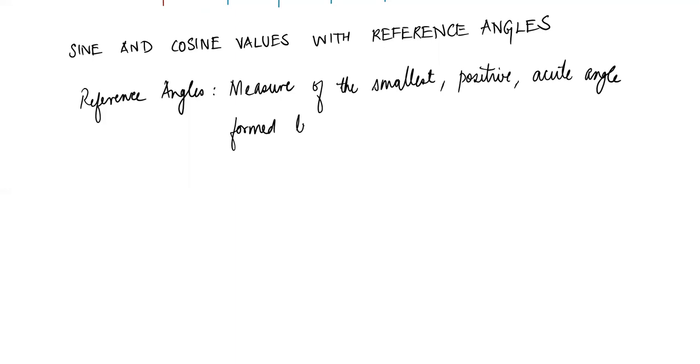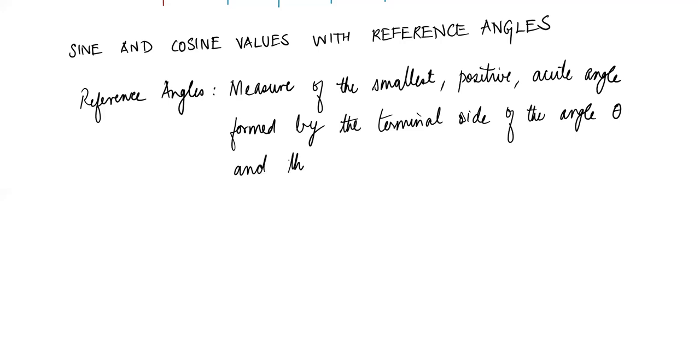We always like to write this, so that we have an idea of how we're measuring this angle. So there's the terminal side of the angle, theta, in this case we're using theta or t, and the horizontal axis. You know that the horizontal axis is always the starting point for measuring your angles.